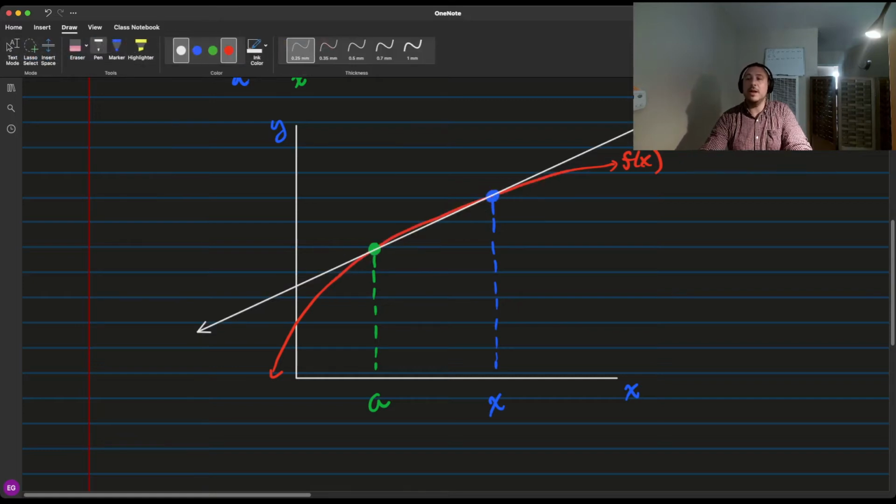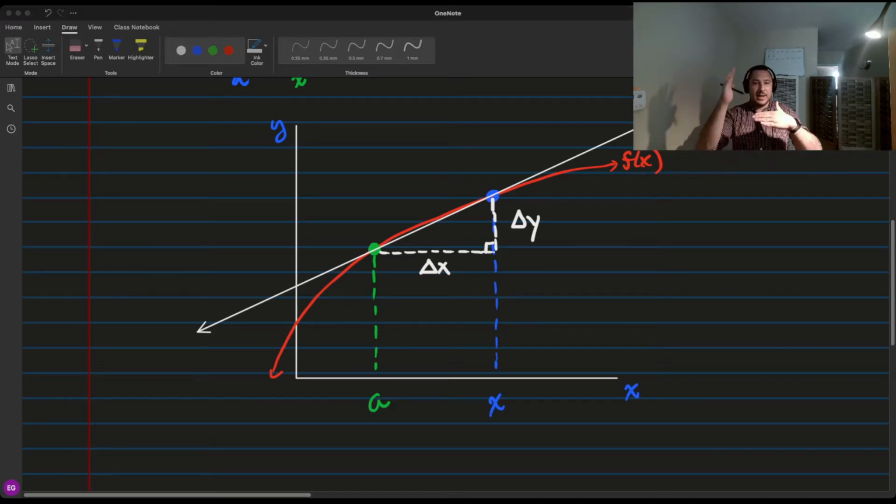Now, when you're calculating slope, you need to know the change in x. That's this right here. And you also need to know the change in y. So does everyone see how I drew those? Does it make sense how I have that white rectangle there, right?